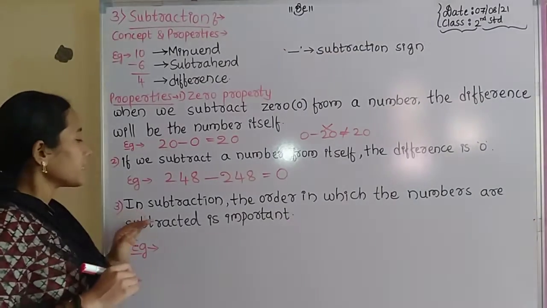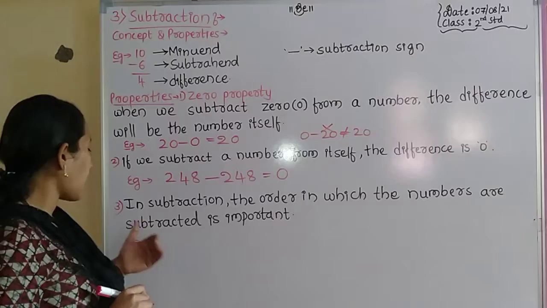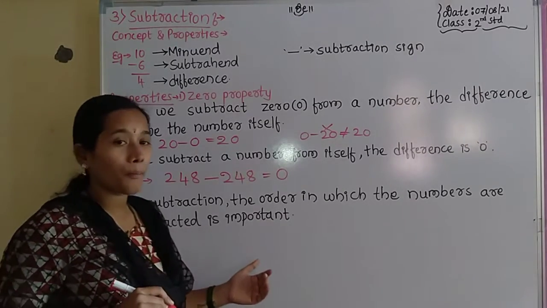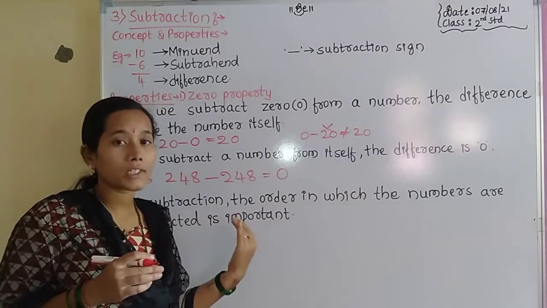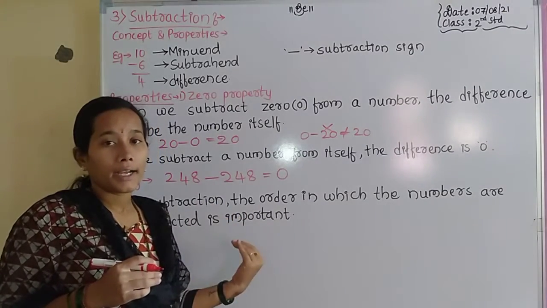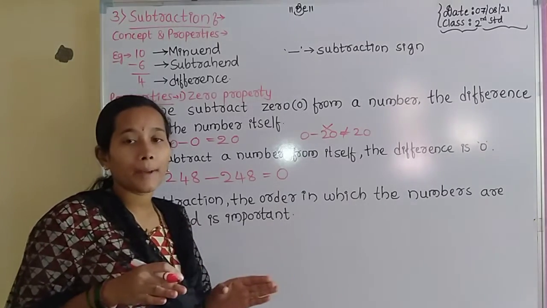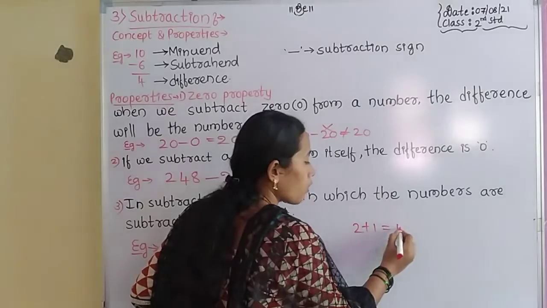Then next one: in subtraction, the order in which the numbers are subtracted is important. Here order is very important. The order property cannot be applied here. In subtraction we do not apply the order property. See here, in addition 2 plus 1 is equal to 1 plus 2.